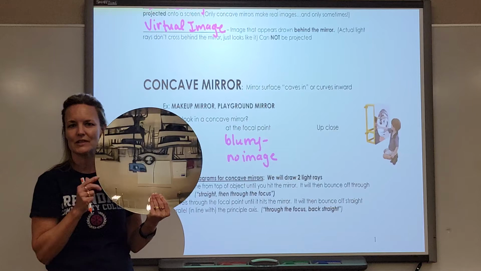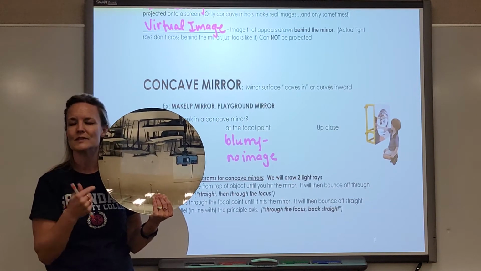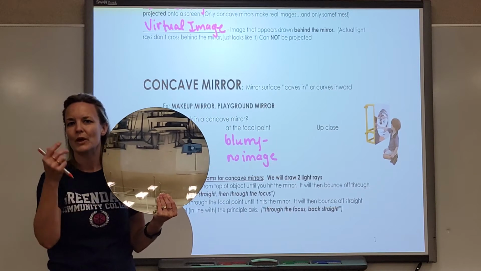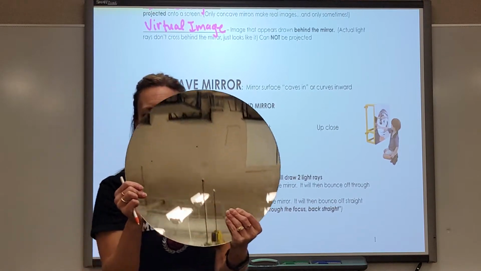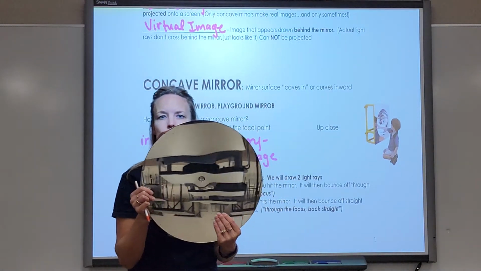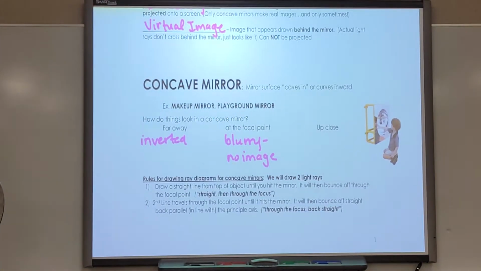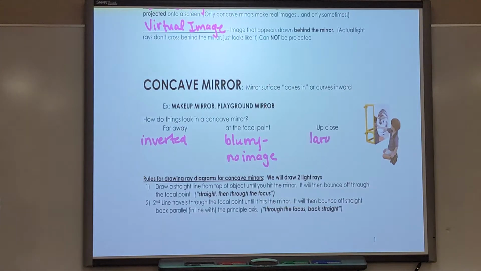As it gets closer to the camera, when I get past the focal point and get really close, it's going to flip to actually show you my phone right side up. So when an object is up close, it will be larger and upright.